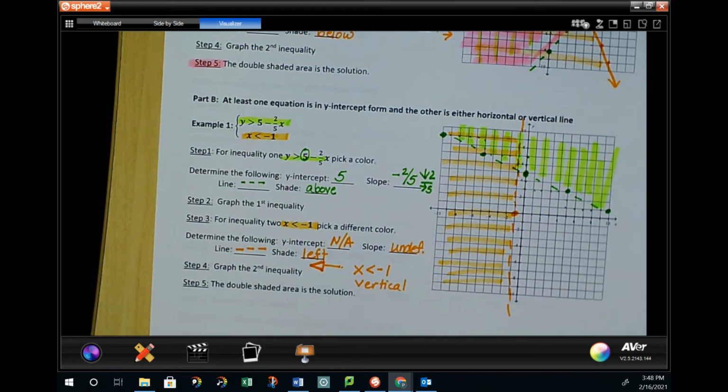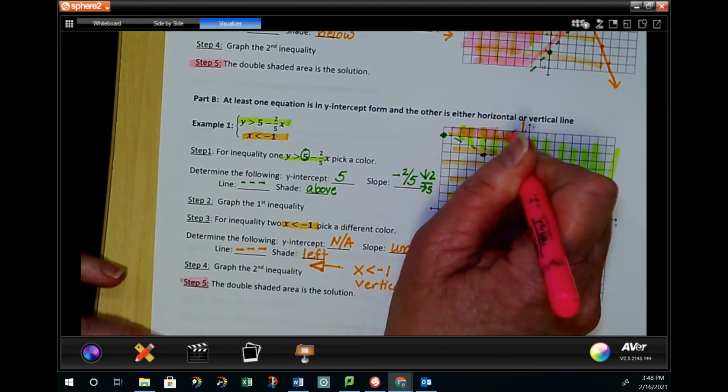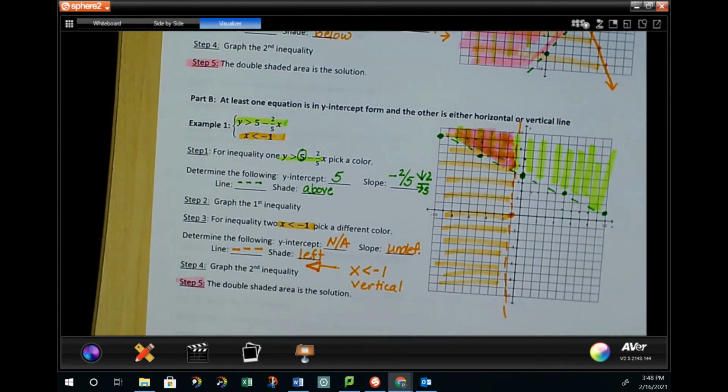And then again, that double shaded area, I just like to fill it in so you can see it a little bit easier. So remember, that's the first one, that's when you're going to have an x. So that's your double shaded area.